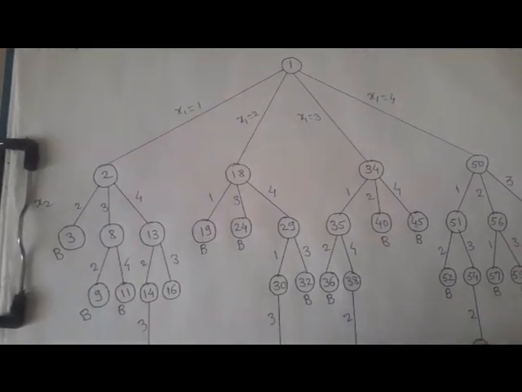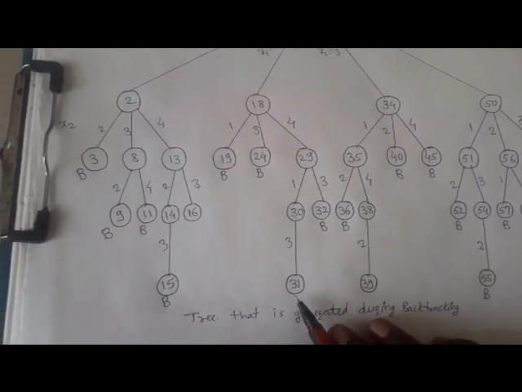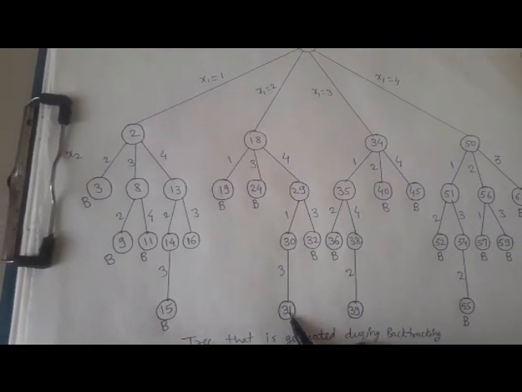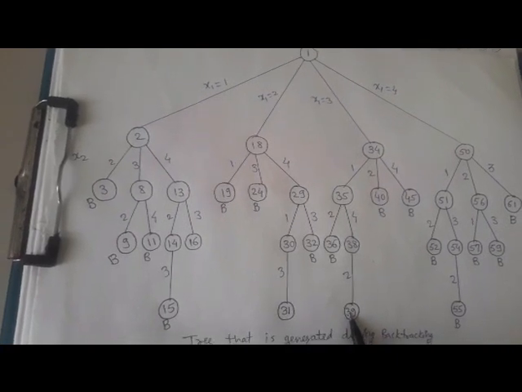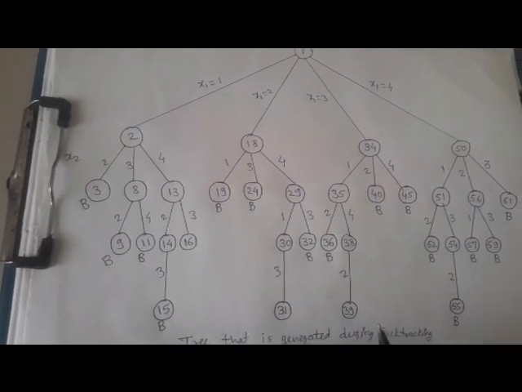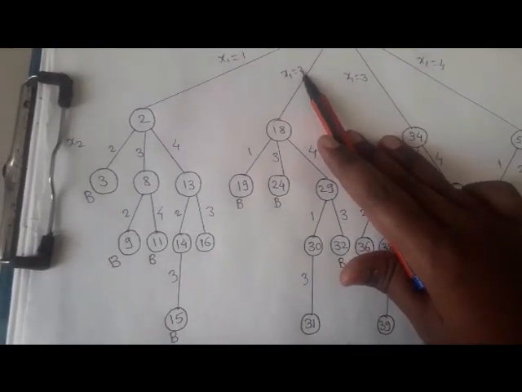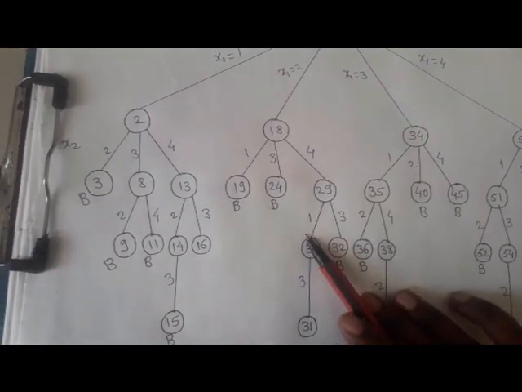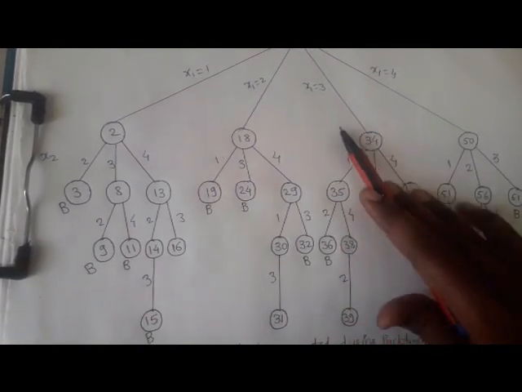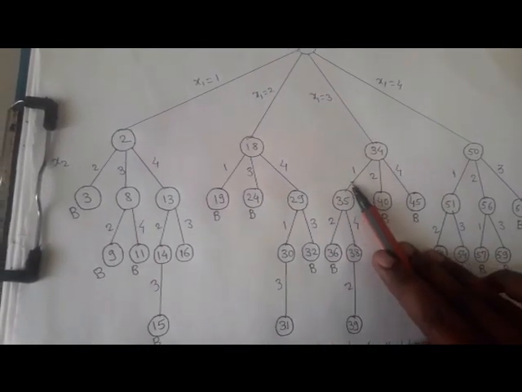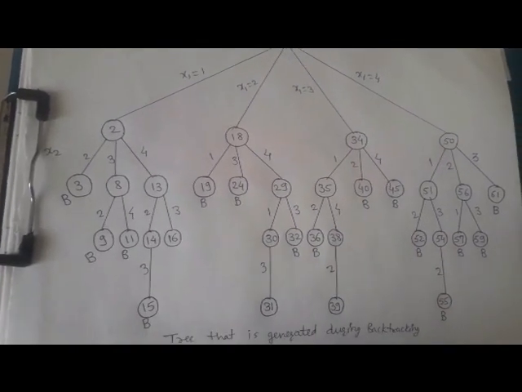The first solution we got here as 31, where we have not written the backtracking, and the second solution is 39. So for the 4 queens problem we have two solutions: one is 2, 4, 1, 3, and the second solution is 3, 1, 4, 2.